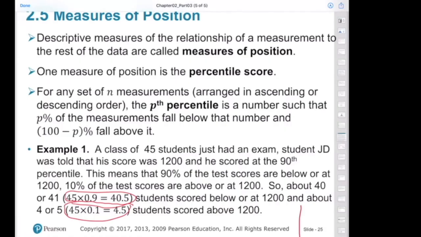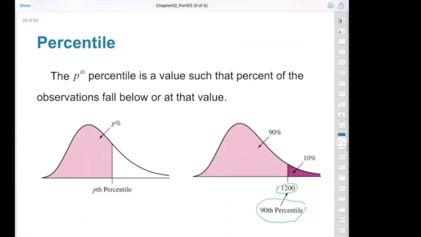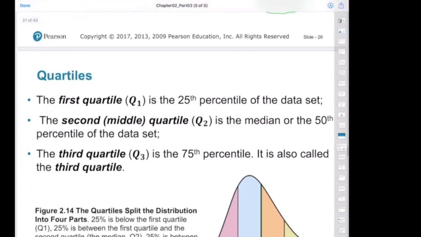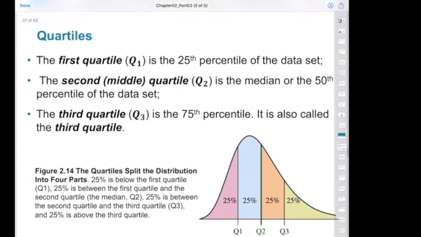Okay, so this is the definition of the percentile. So the percentile just opens the floor to very important statistics we can find.